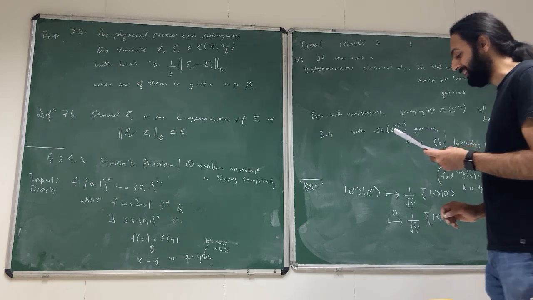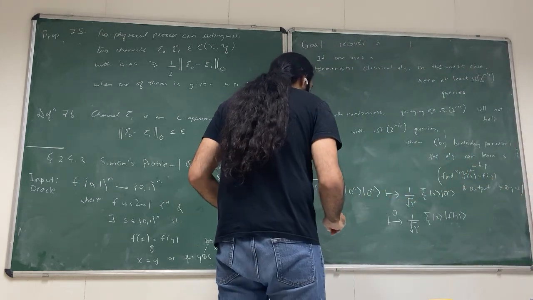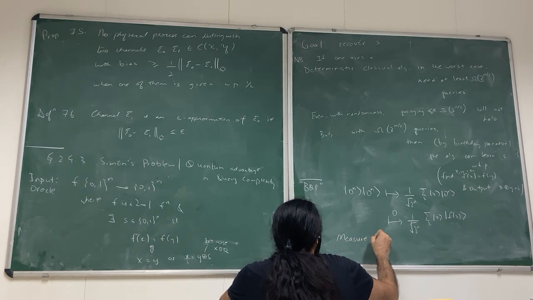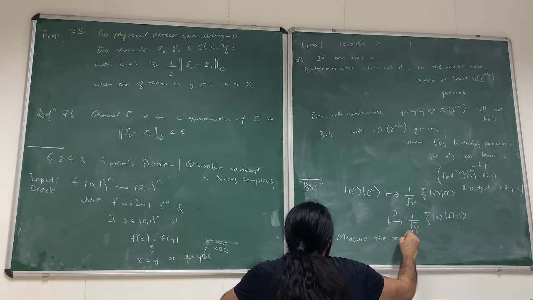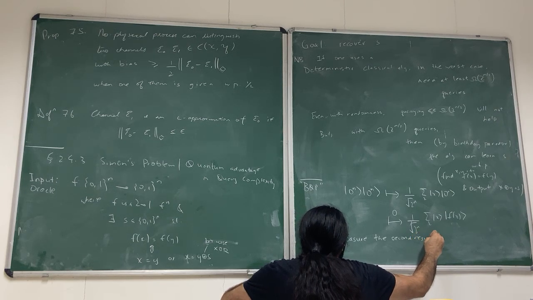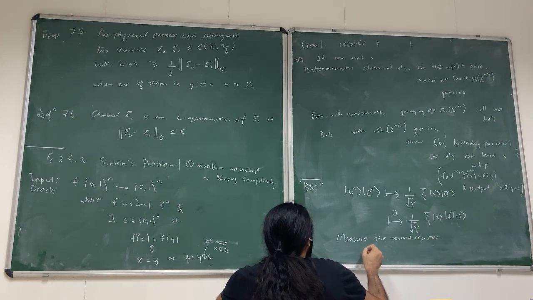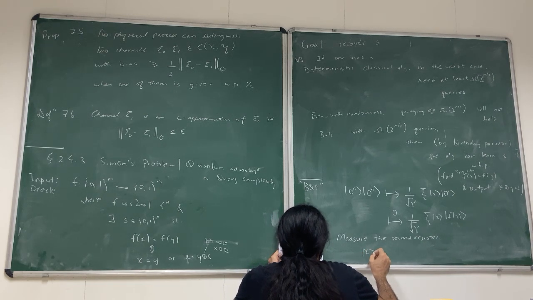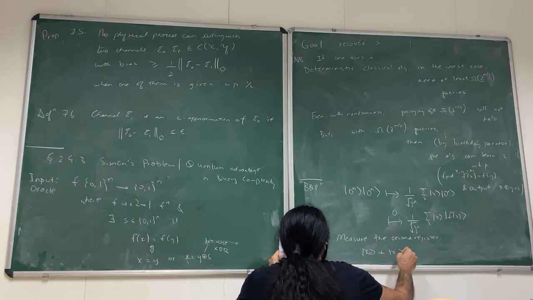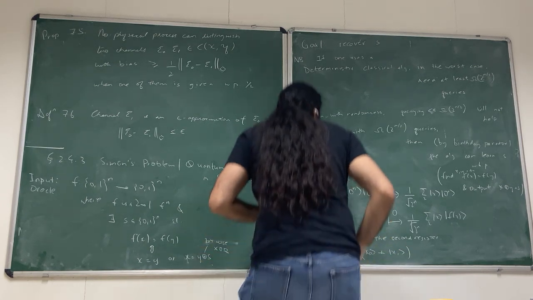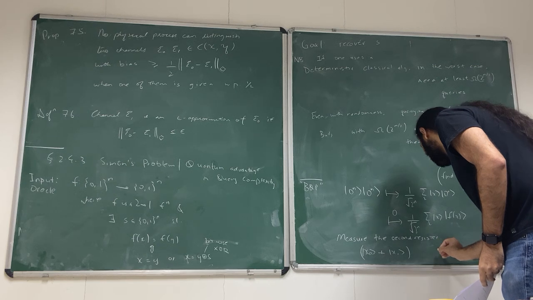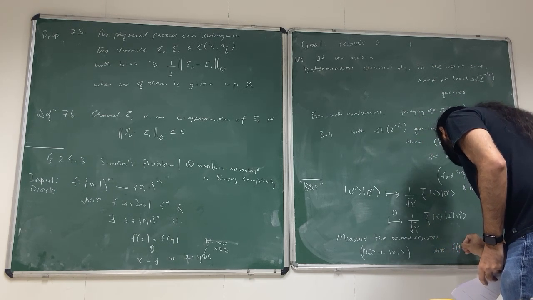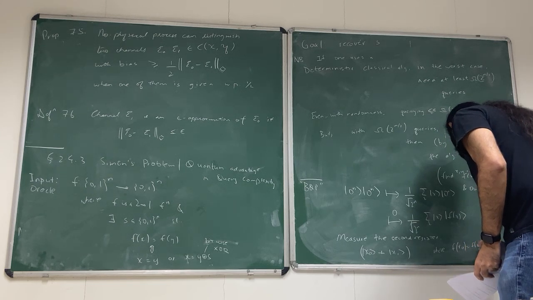And then what you do is you measure the second register. Then you'll be left with |x0> plus |x1>, where f(x0) will match f(x1). Okay.